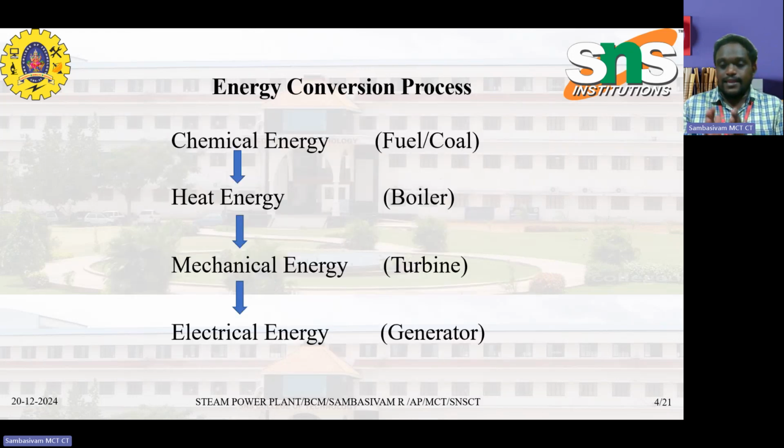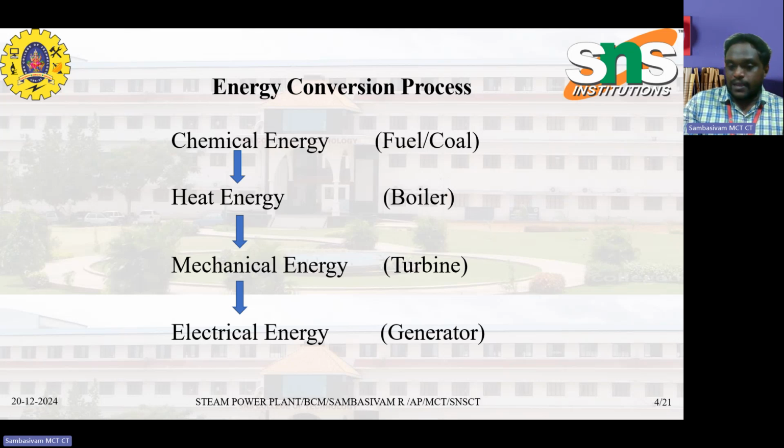As I said earlier, the energy conversion process begins with chemical energy. The first and foremost is chemical energy, which is nothing but fuel or coal. Once the chemical energy is converted to heat energy within the boiler, the heat energy is then used to rotate the turbine, which gives mechanical energy.